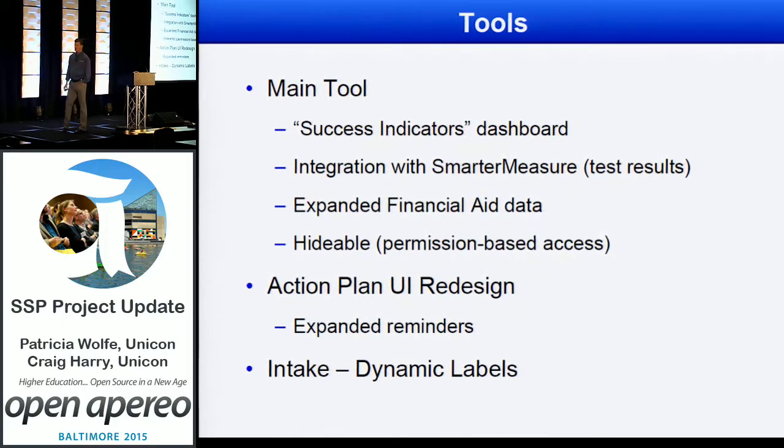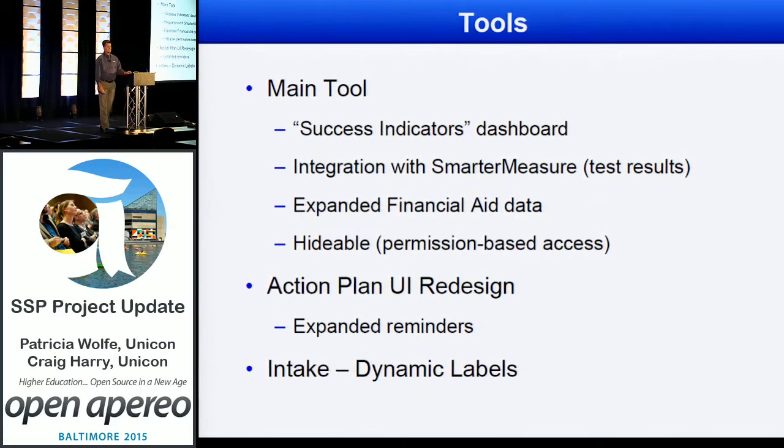Some of the other items, main tool: we added a success indicators dashboard, which I'll show in a little more detail shortly. We've got an integration now with Smarter Measure so we can display their test results. We've expanded the financial aid data to include a number of new fields, and we've also made the main tool hideable.